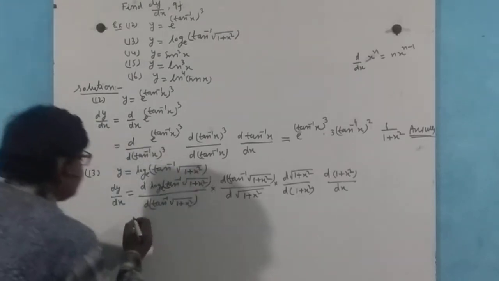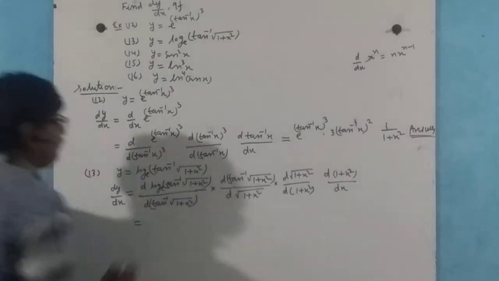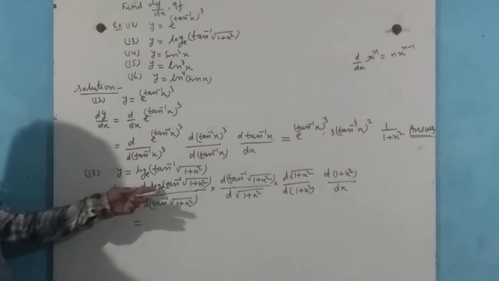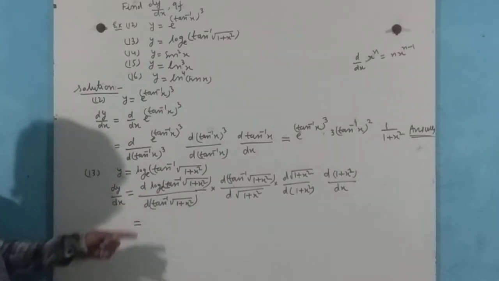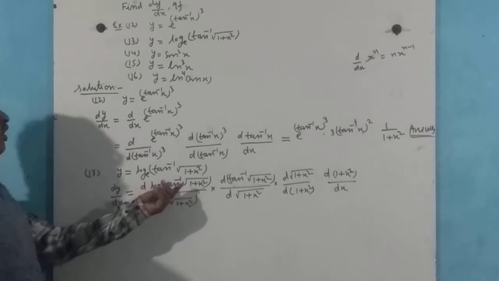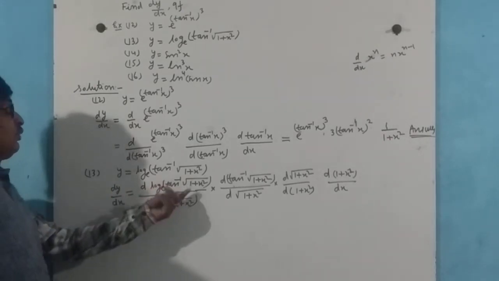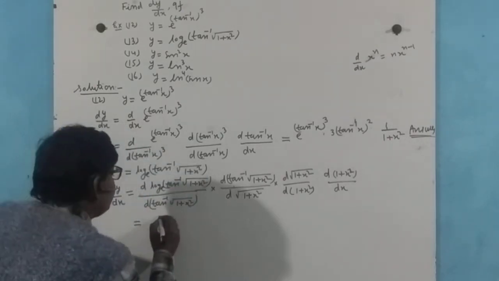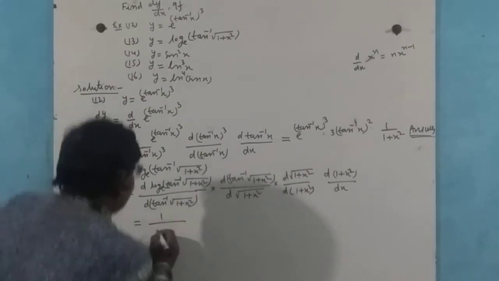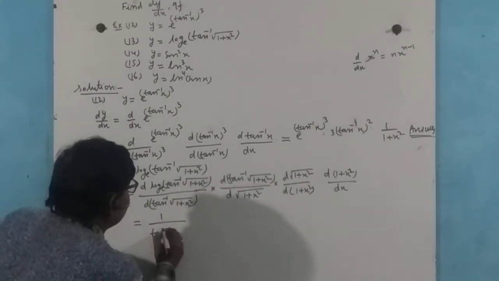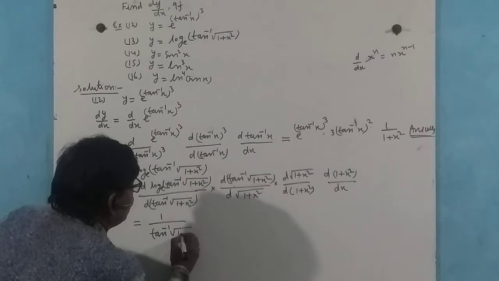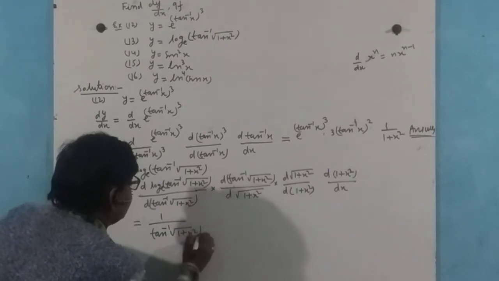Now as you know, the differentiation of log x is equal to 1 by x. In similar things, log of this with respect to this is 1 by tan inverse under root 1 plus x square.